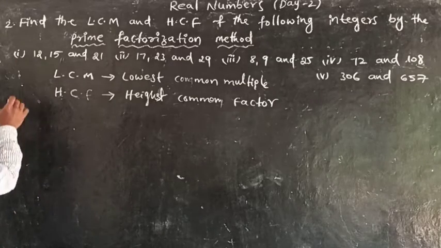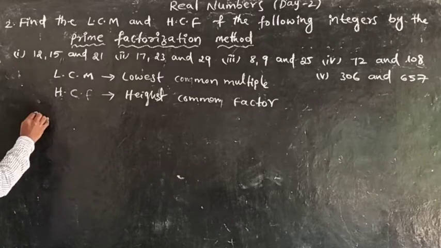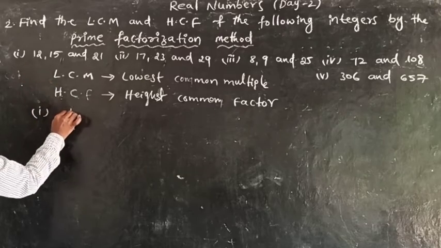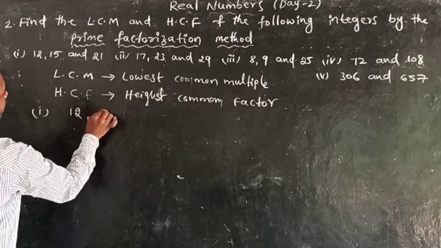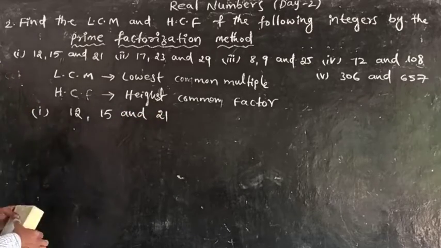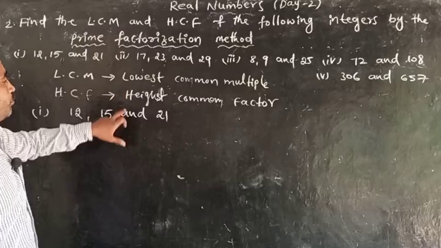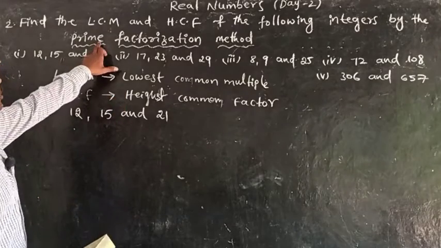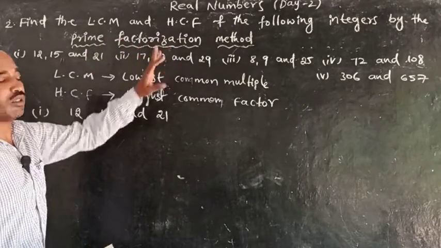So the first question is 12, 15 and 21. Now we want to find the LCM of these given numbers by the prime factorization method.